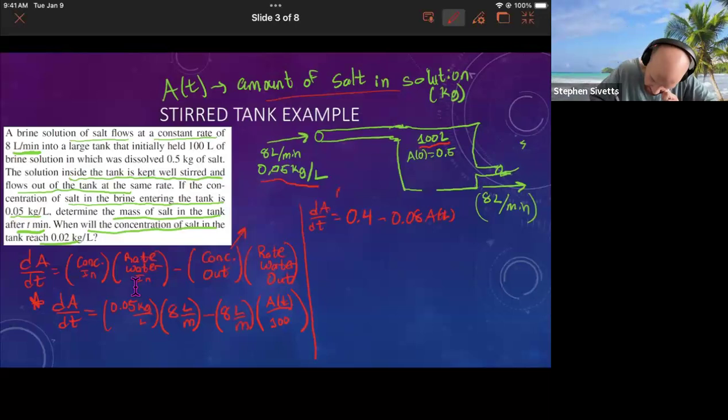Okay? This here is a linear differential equation, right? So now we'll have A prime of T, that's dA/dt. Let me erase this.